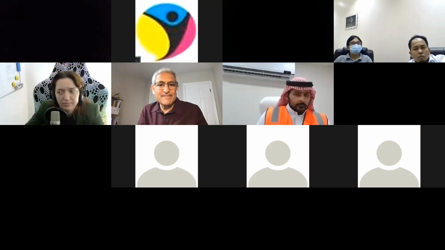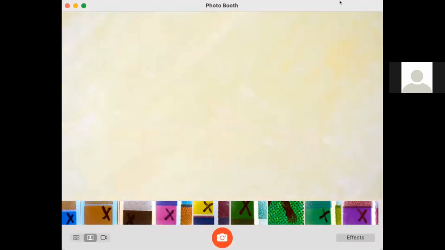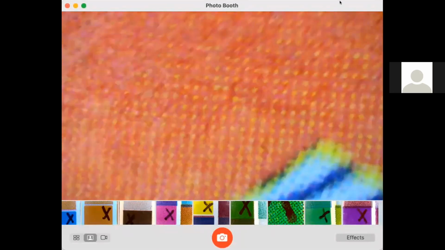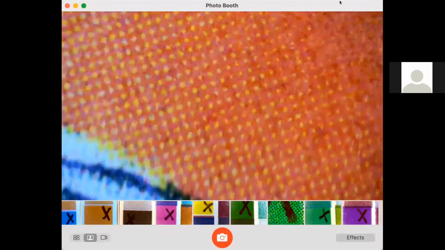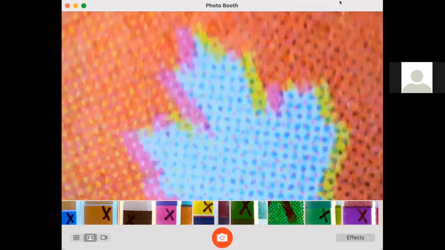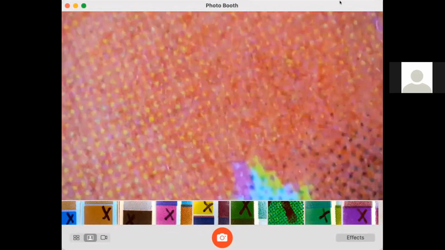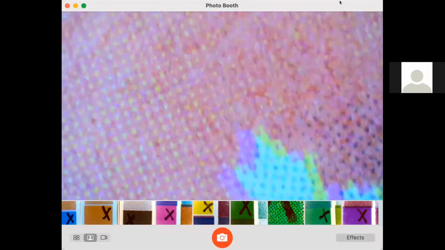So in my camera, here's the Olympic jacket, and we can see the maple leaf, and here we see those dots. And so we're building with the screen. From a distance, we just see the red. From a distance, we don't see any of this.